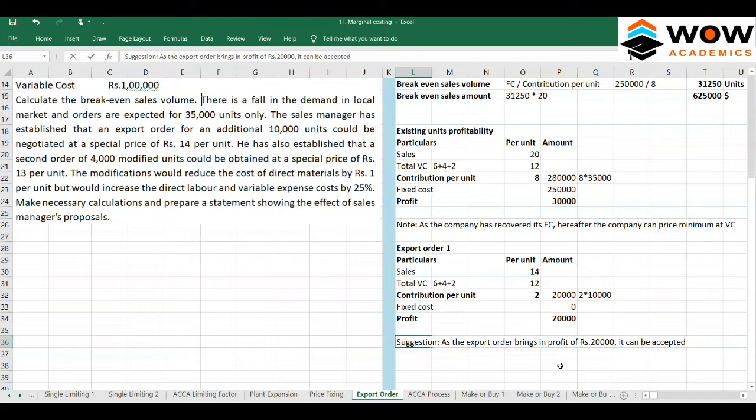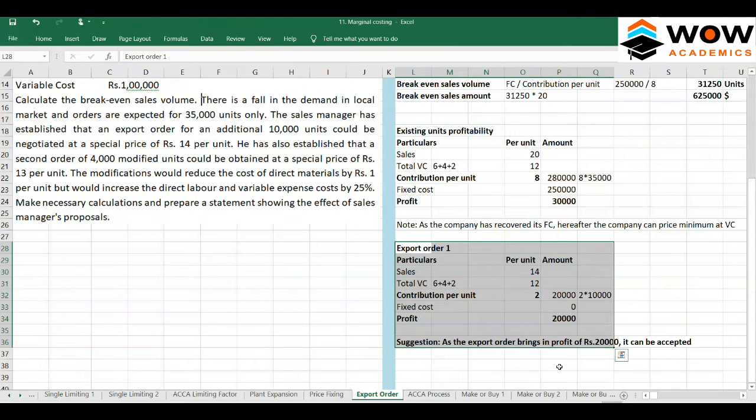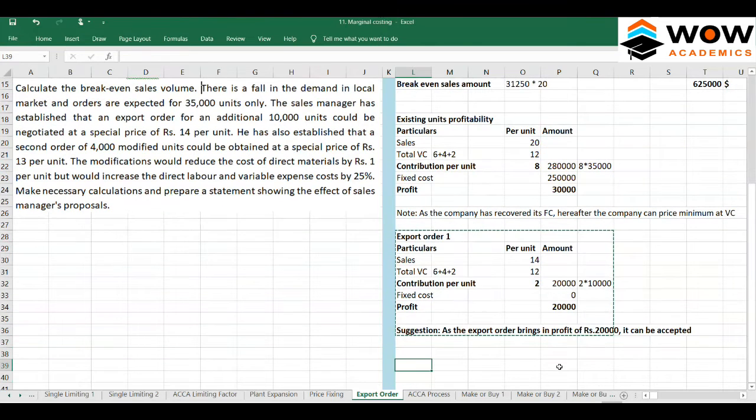Okay, so that is a suggestion. And let's get the second export order. So this one is export order number 2.